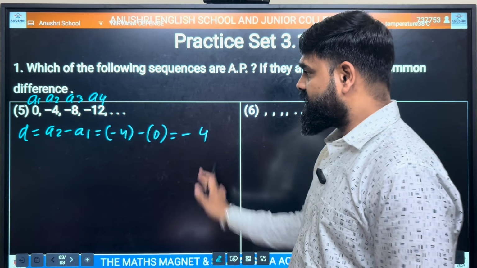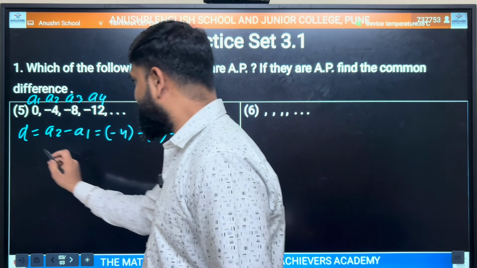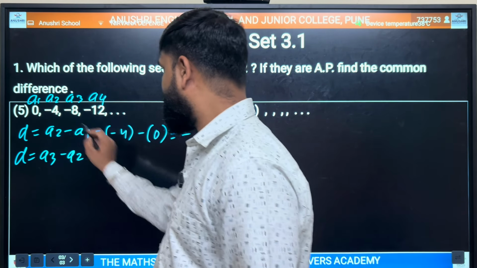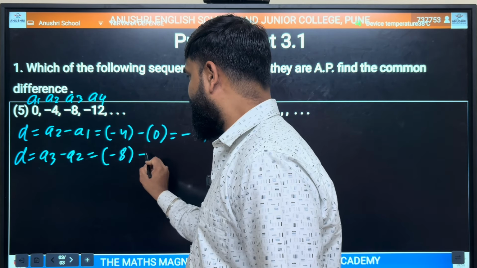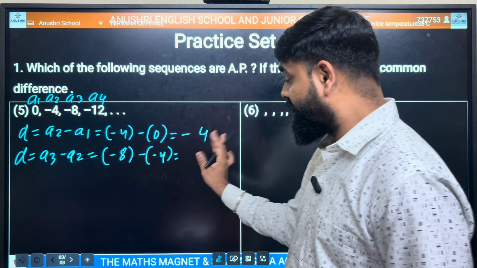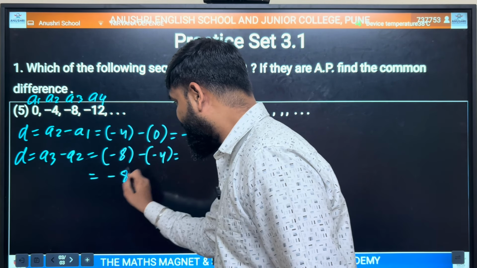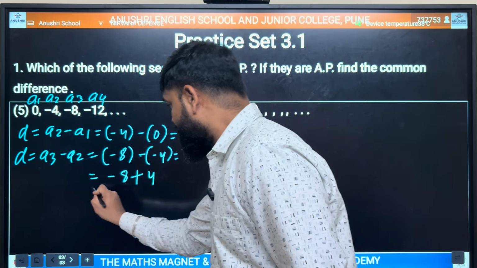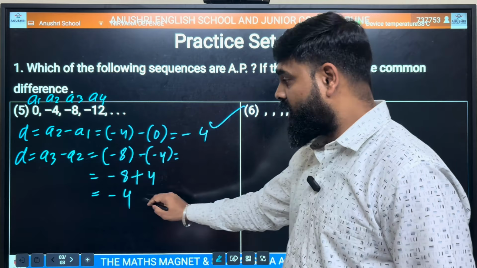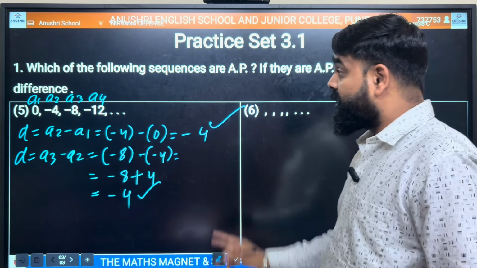Then D is equal to A3 minus A2. A3 is minus 8 minus minus 4. So let us simplify this neatly. This is minus 8 minus minus, plus 4, and this will be minus 4.